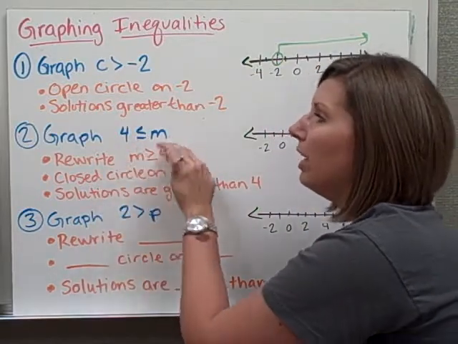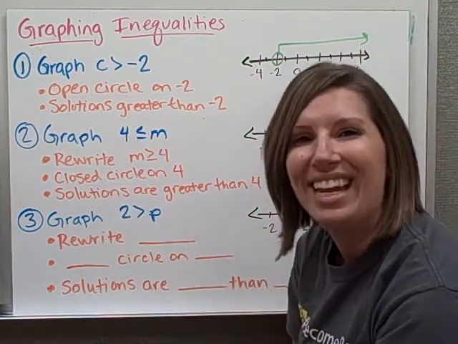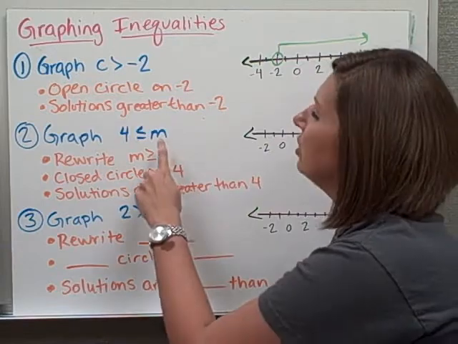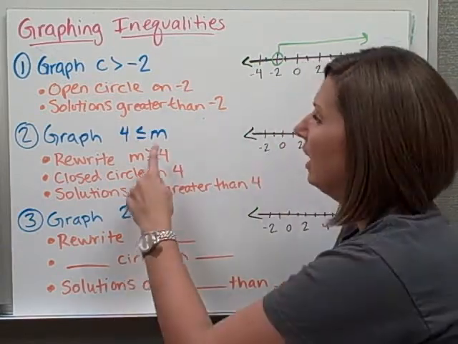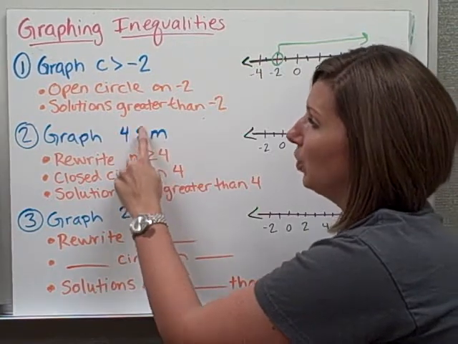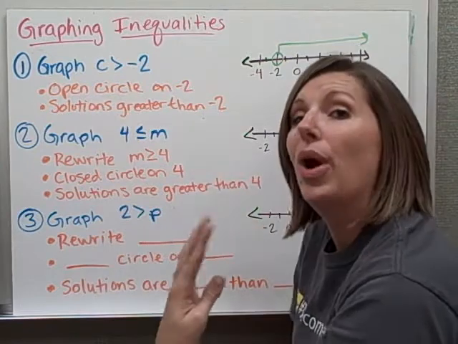So I have to read it how it's written and then rewrite it the way I said it, if that makes sense. So if I were to reread this and rewrite it, it would be m is greater than or equal to 4.